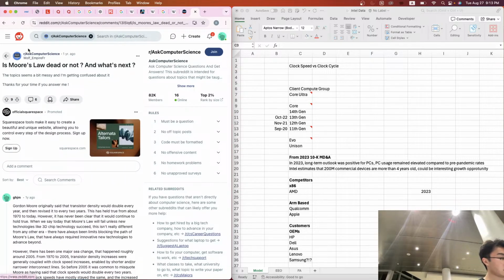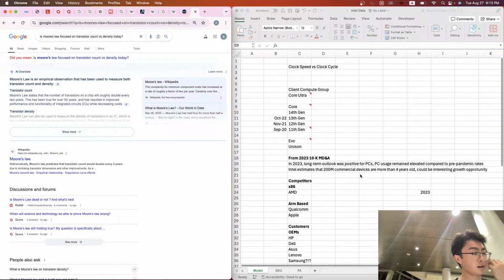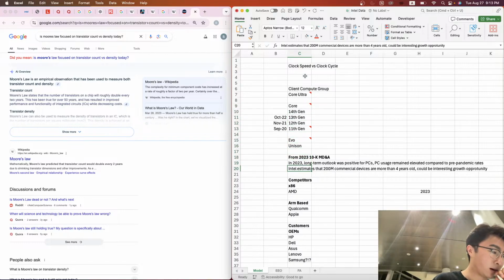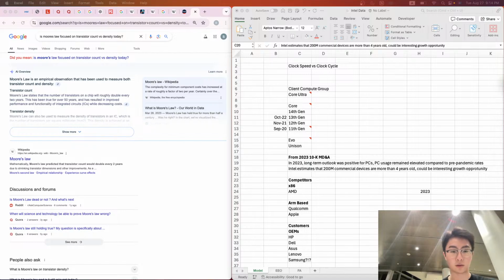Okay. This is an interesting Reddit article, but I think this idea of transistor density versus transistor count is interesting. I think it's worth exploring from a sort of technological, philosophical point of view. And it seems like that's what Intel's doing, right?